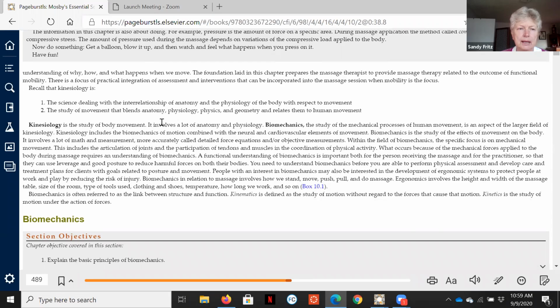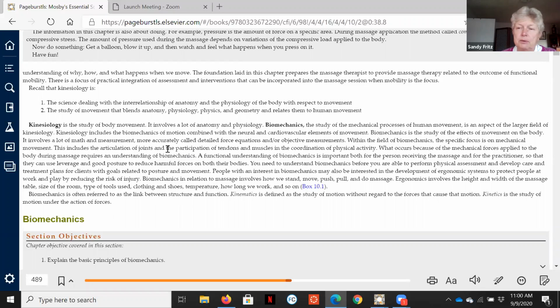And then we got language. We always have language, and kinesiology and biomechanics are pretty standard in terms of an understanding of the language in other sciences, like the science foundation for physical therapy or chiropractic or whatever, but not so much in massage therapy. There's been a lot of misuse of the language, actually.